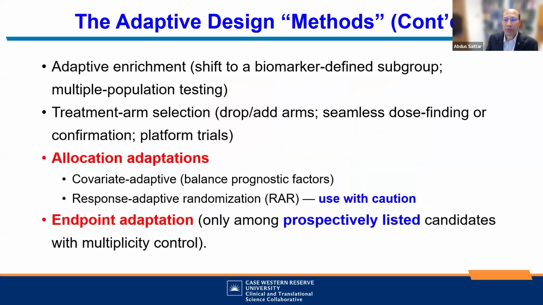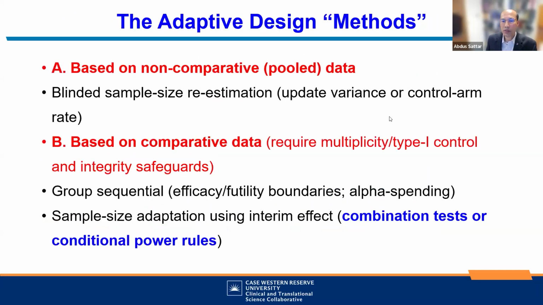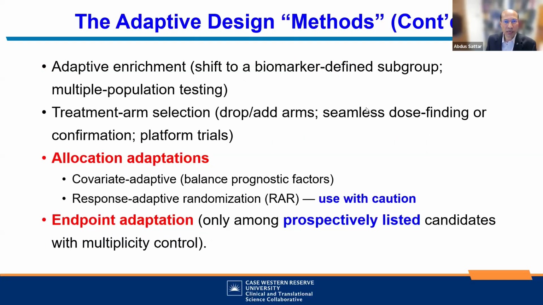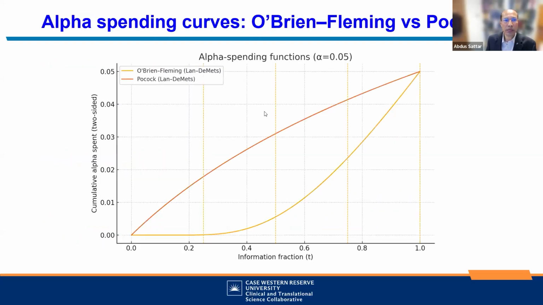So briefly I mention here the alpha spending and the boundaries. Alpha spending is a technical aspect, and the FDA has endorsed this type of alpha spending. What we are trying to do here is preserve alpha, which is the type 1 error, while we are conducting interim analyses during the entire trial period.